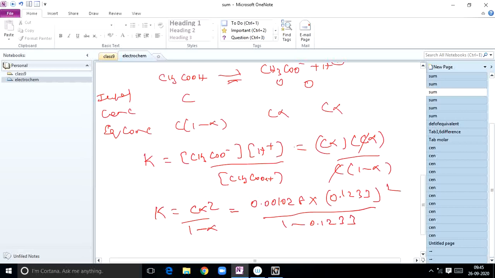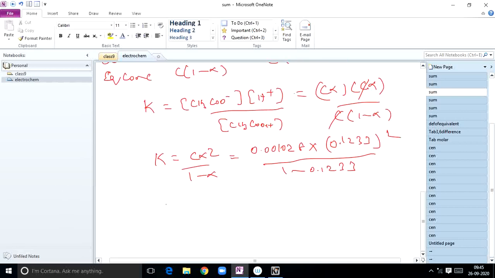Same model, very important for board exam as well as CBSE point of view. If you solve this one, you should check the answer. Some variation may be there. Once you check thoroughly, you calculate mole. So that value you have to get, K value. So next, come on, quick. Let's do as many as possible.